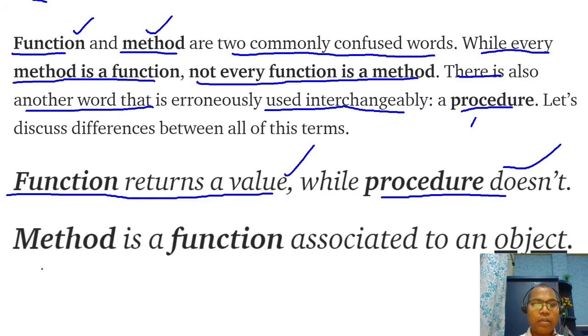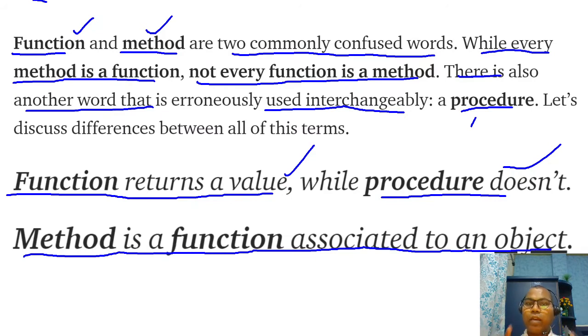A method is a function associated with an object. Whenever a function is associated with a specific object, that is known as a method.